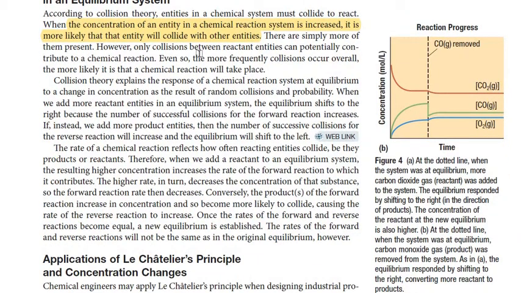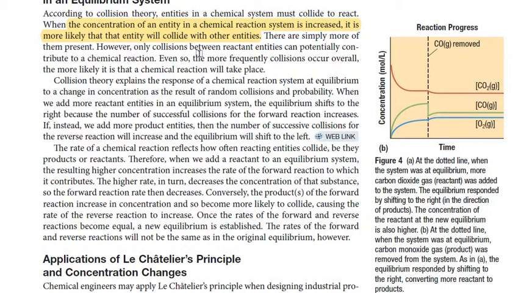The rate of a chemical reaction reflects how often reacting entities collide, be they products or reactants. Therefore, when we add a reactant to an equilibrium system, the resulting higher concentration increases the rate of the forward reaction to which it contributes, and the higher rate in turn decreases the concentration of that substance.